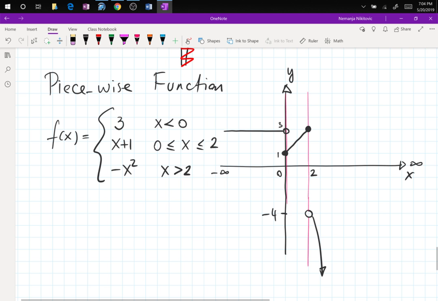If I have two black circles on top of each other, then for that x value you would have a black circle here, a black circle there, not unique, not a function anymore. So it's very important to have those concepts clear. That's where uniqueness kicks in. If you see an equal sign, that's where you fill in the dots. When you see no equal sign, like x less than 0, then you have the open circle.